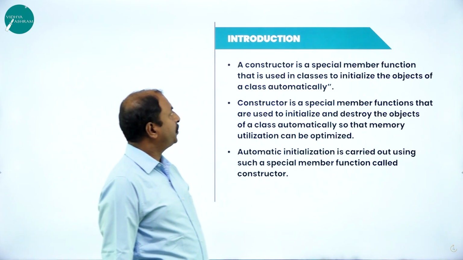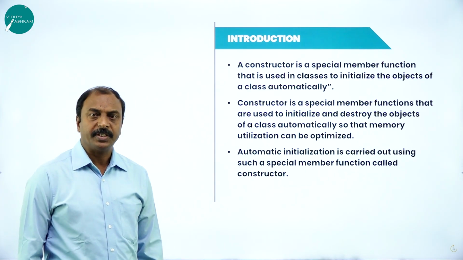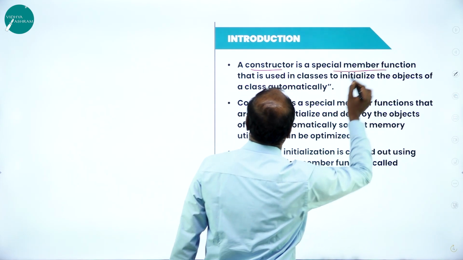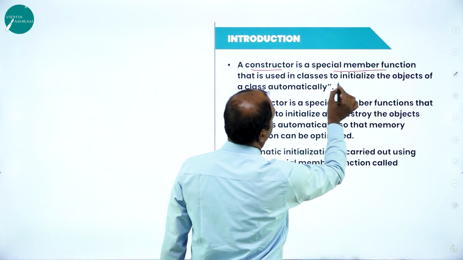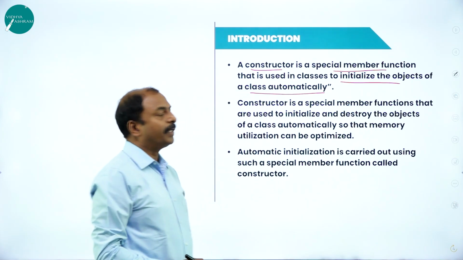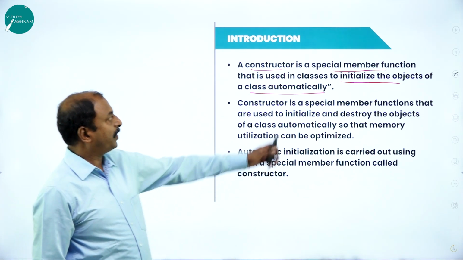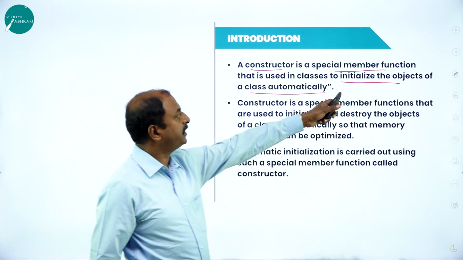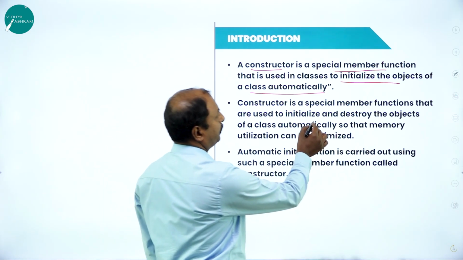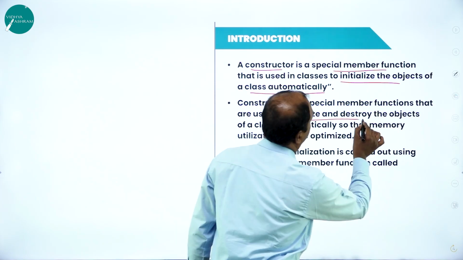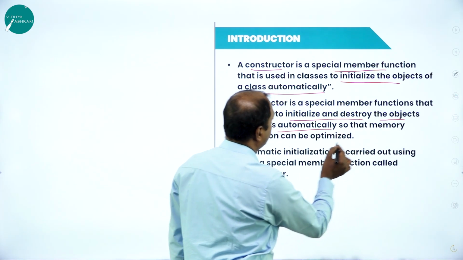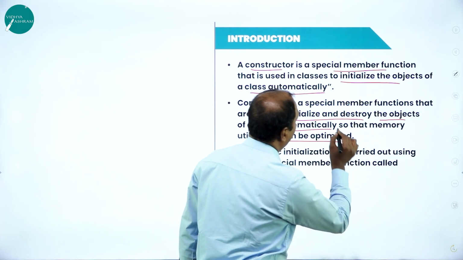Let us start with the definition of what is a constructor. A constructor is a special member function used in a class to initialize the object of a class automatically. It is a special member function used to initialize and destroy the object of a class automatically so that memory can be utilized effectively.